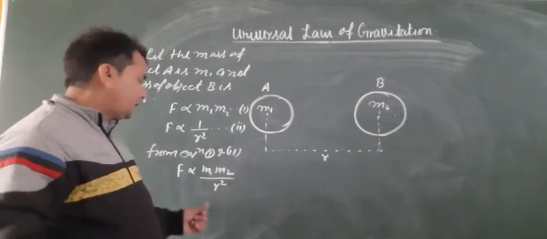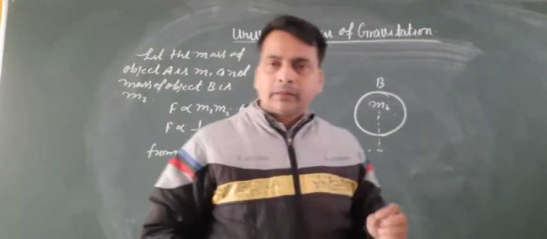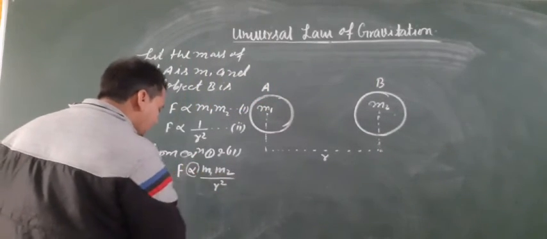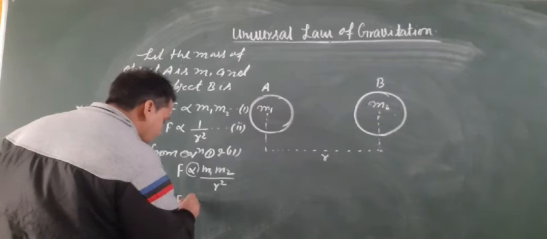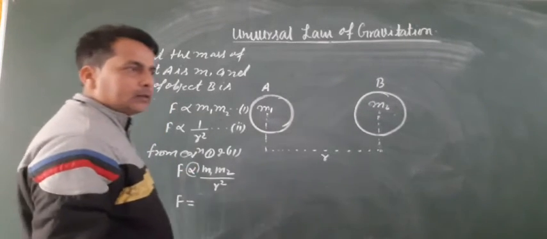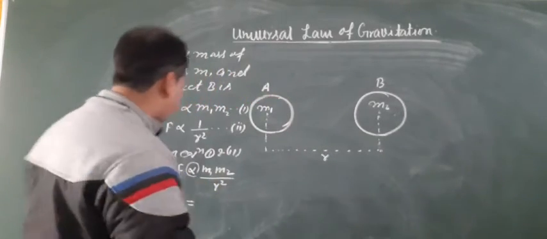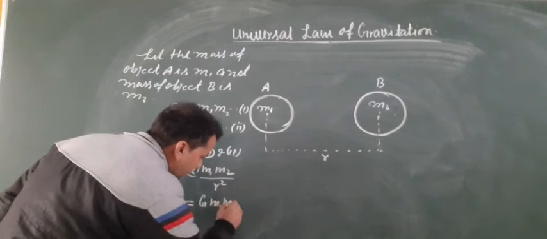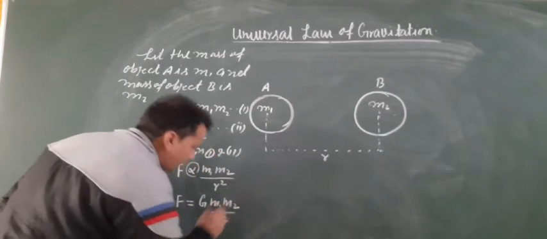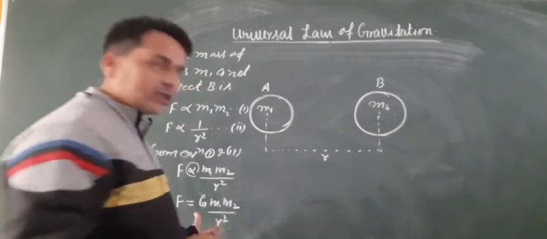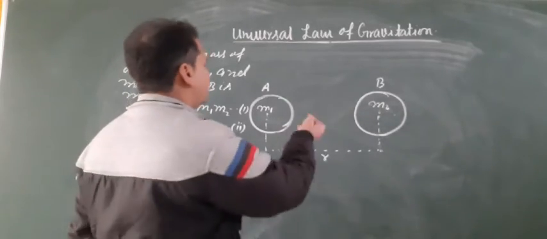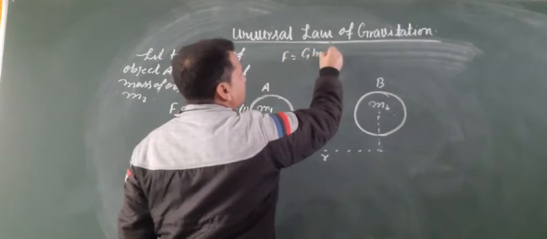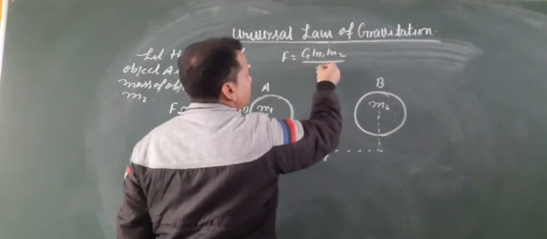In place of the proportionality sign, we introduce a constant, capital G. So F equals G m1 m2 by R square.